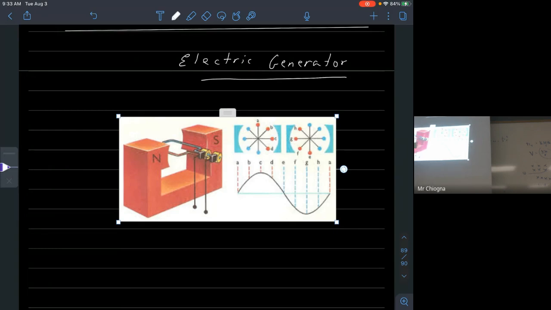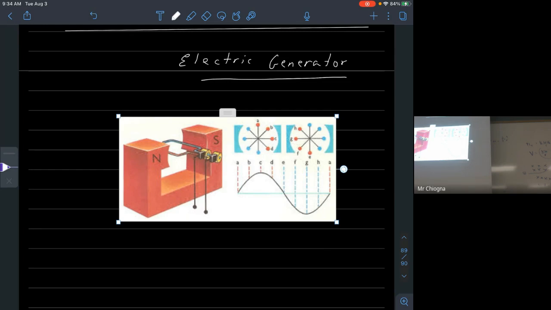Okay, it's parallel, right? No flux, and then you turn it, flux. No flux, flux. You keep spinning it. So what are you doing? You're changing the flux. And if you're changing the flux, what's that going to induce? A voltage, and then current. And that's how the generator works to create a current. What does the generator do? It powers whatever's in your house.